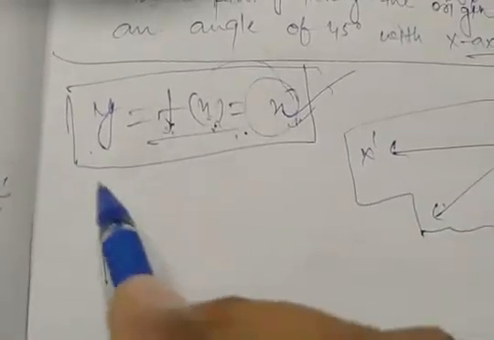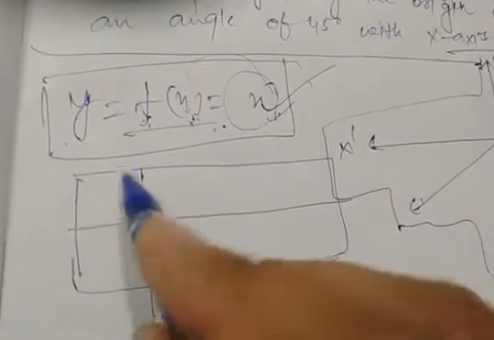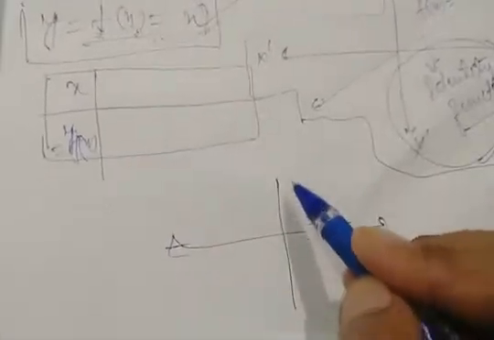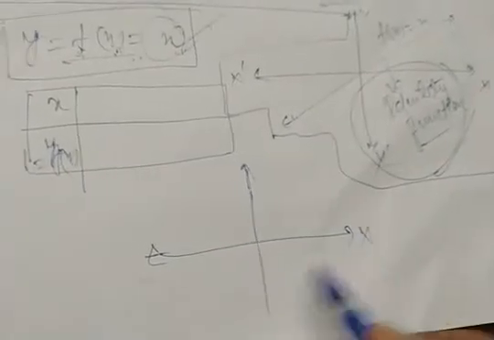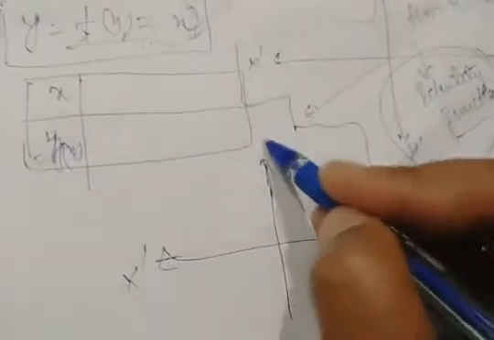Let's see the graph in tabulation form. Suppose here we take x, y, that is f(x). First of all we draw the axes: x, x dash, y and y dash.